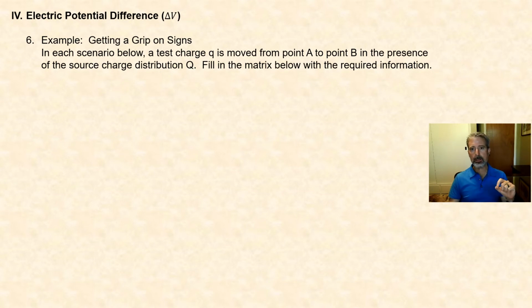So in the next 2 slides, I want to look at some examples where we apply the definitions of electric potential and electric potential energy to various situations, to both positive and negative source charge distributions, as well as to both positive and negative field charges that are moved around in the vicinity of those source charge distributions.